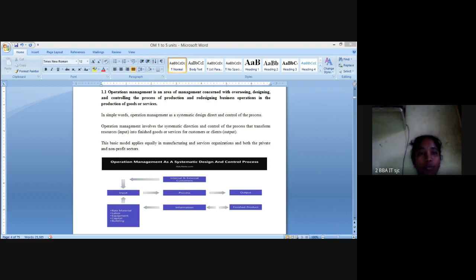Planning will be required before the process starts, meaning how much material is required, how much material they should manufacture, and how much finished product is needed. All of that is involved in operations. These are all called various operations. So operations management is the systematic direction and control of the process.